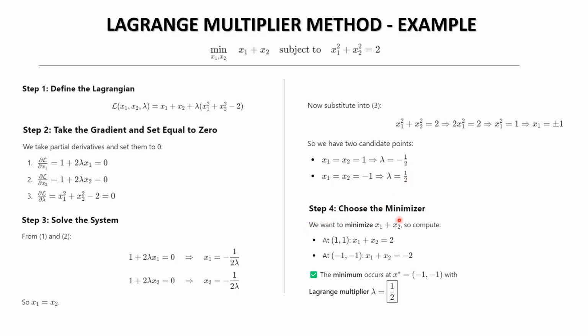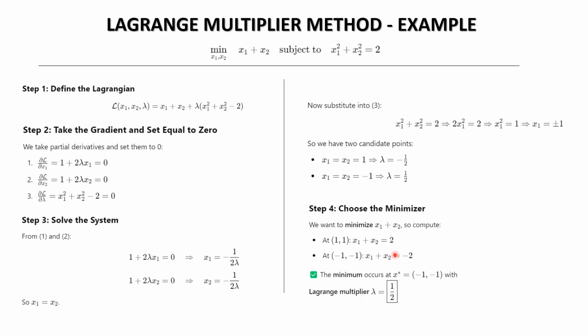Now we need to choose a minimizer from these two candidate points. So we want to minimize our function x1 plus x2, and we can compute this at each of our candidate points, at (1, 1) and at (-1, -1). And now we have received 2 and minus 2.